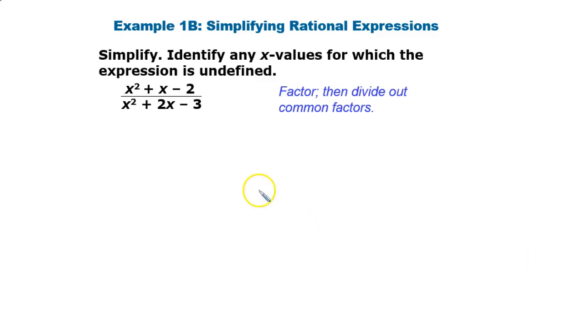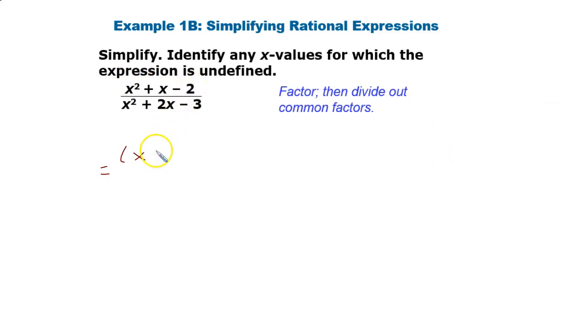Example 1b, this time we have two polynomials, and at this point when you see x squared, your brain should start thinking, oh, I've got some quadratics here. I'm going to have to factor, or I'm going to have to use some kind of method to deal with these. And in fact, I want you to factor these. It's really the best way to do this. So you're going to factor the numerator, x squared plus x minus 2, and say, well, let's see.